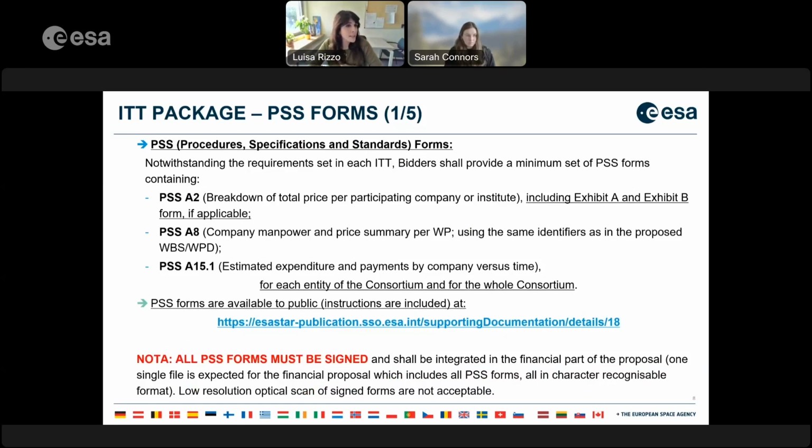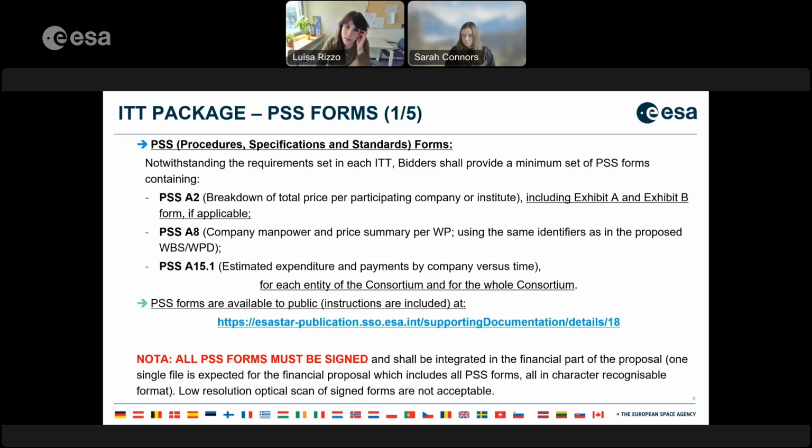Notwithstanding the requirements set in each ITT, of course, because each ITT may tailor the request on PSS forms depending on the peculiarities or the price types and so on applicable to the ITT.